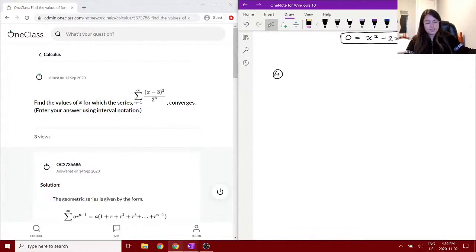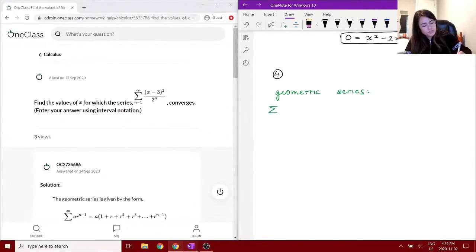All right, so what we are going to do is compare this given series with one that we already know. So we already know about the geometric series. I'm just going to write it down here so that it'll be easy to compare.